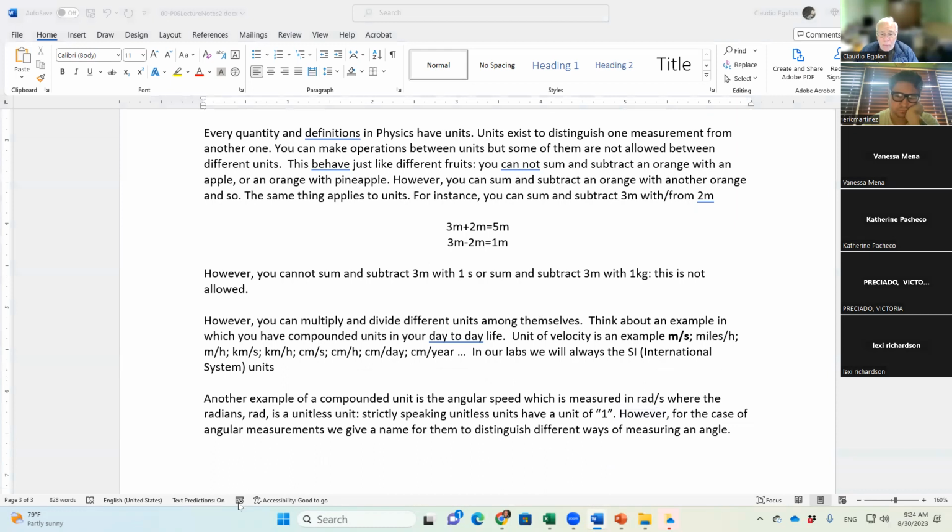When you combine one unit with another one, we do what we call dimensional analysis.